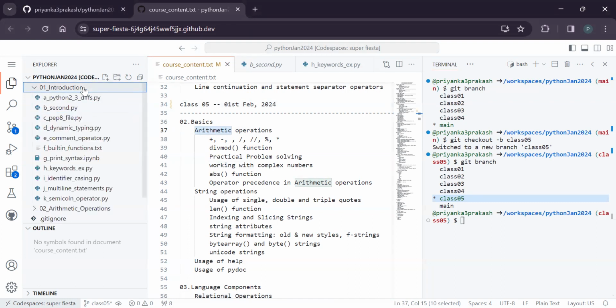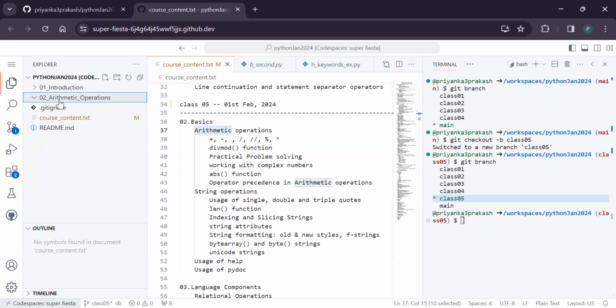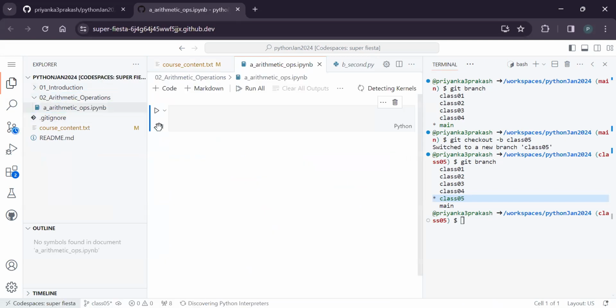So till now we have worked with .py files. Let me start working with a Jupyter notebook. For that I can say a underscore arithmetic ops dot ipynb. Instead of .py, if I use ipynb, then automatically it becomes a Jupyter notebook.